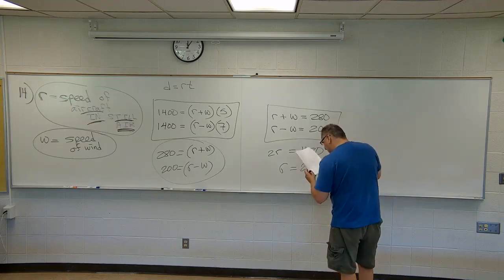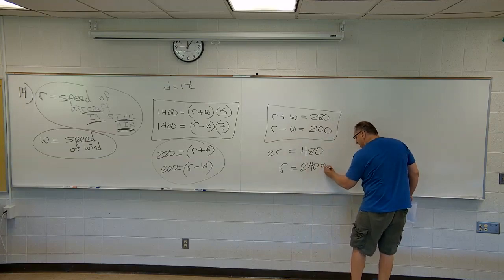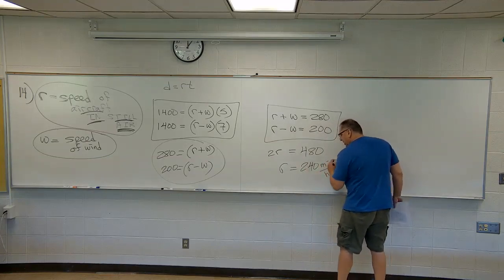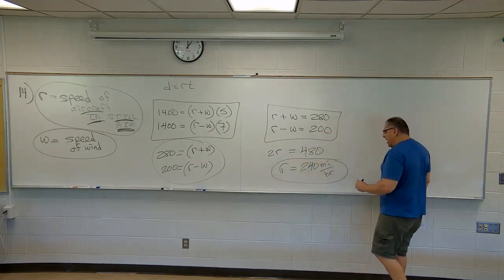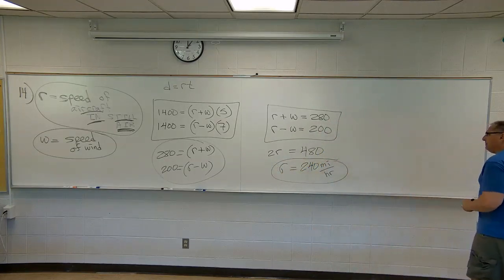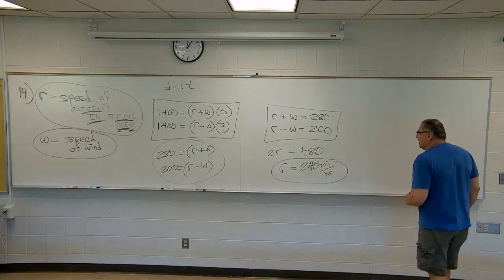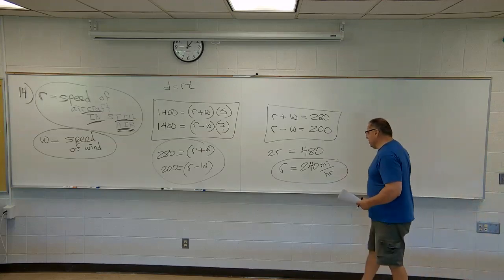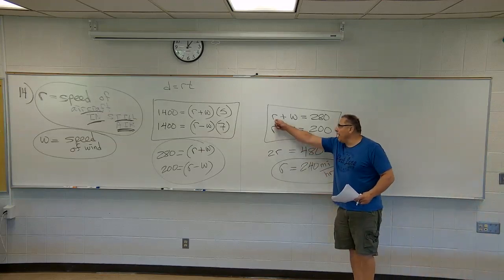Those miles they were talking about, let's come back to it. Yeah, that's miles per hour, or mph. That's the speed of the airplane in still air. What's the wind speed? Pretty easy one at that point. Put 240 right here.